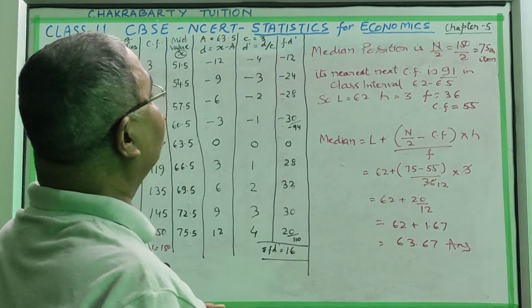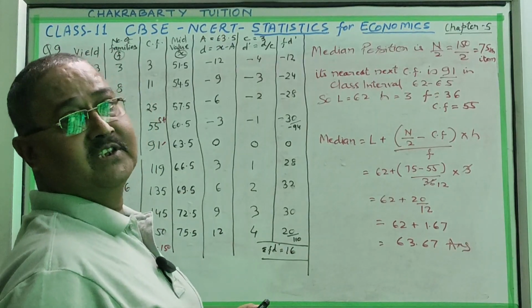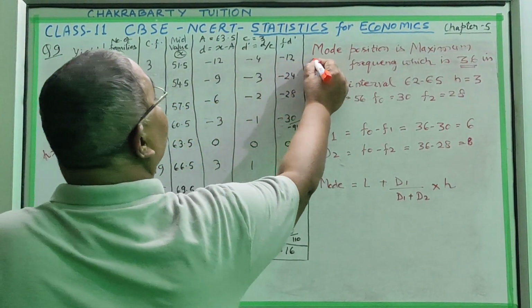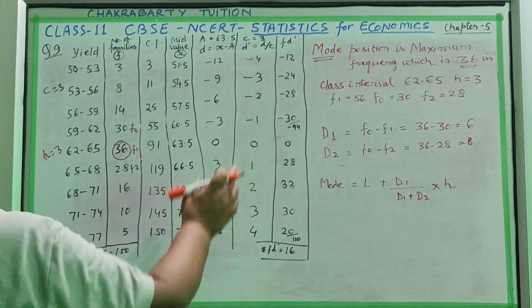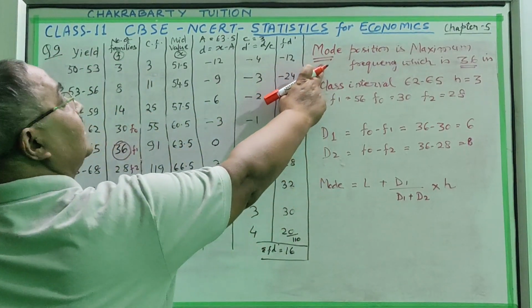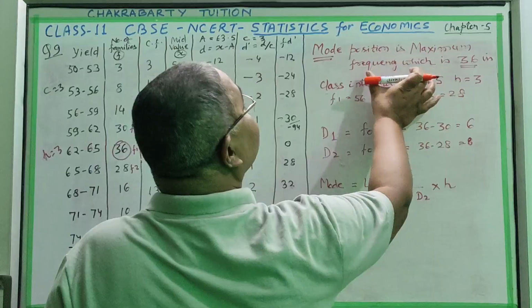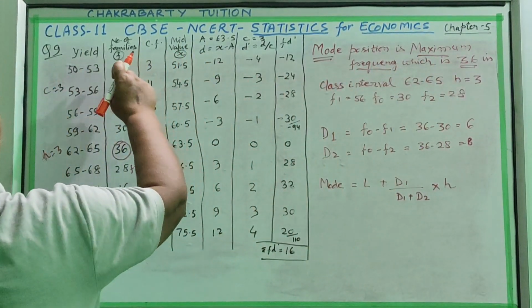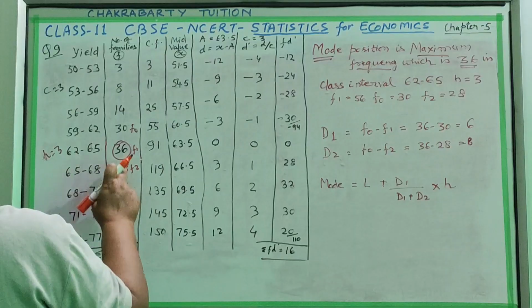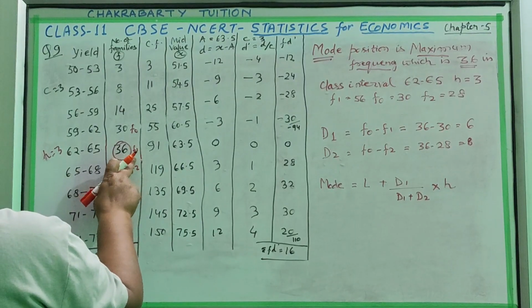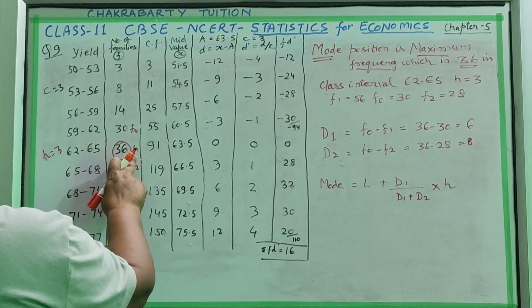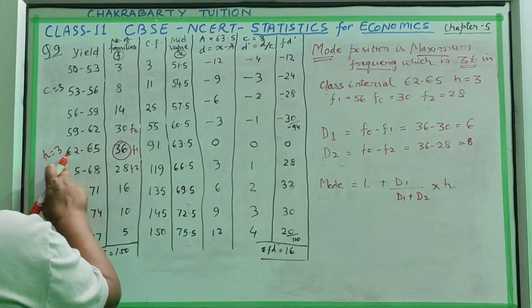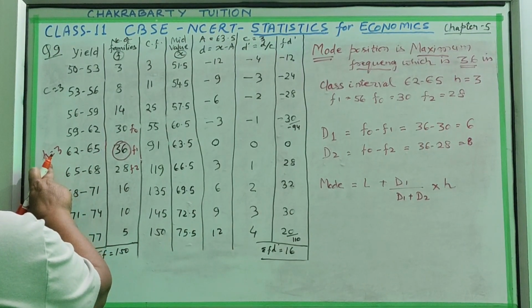Now we will calculate the mode also of this question. Now we have to calculate mode, the third part. So for calculating mode's position, we have to take the maximum frequency, the frequency which is maximum in the table. So you see in the frequency, the maximum is here, this 36. So its class interval is 62 to 65, and here the class size h is 3.